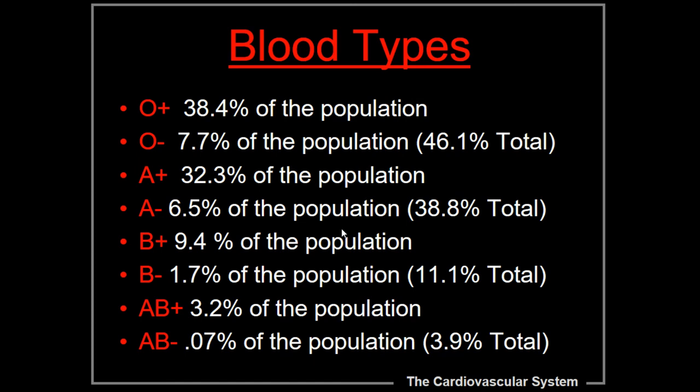It's coming in at just over 11% of the population are just type B. And the rarest of all is type AB, at only 3.2% A positive, and less than 1% of the population are AB negative. And so if you're type AB, it's only about 4% of the population.